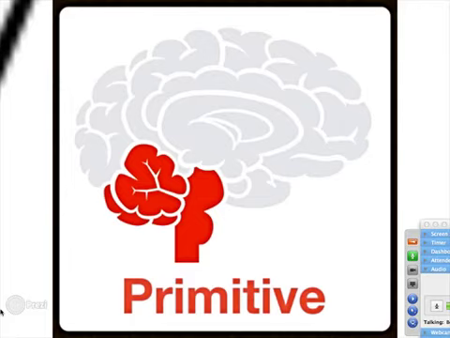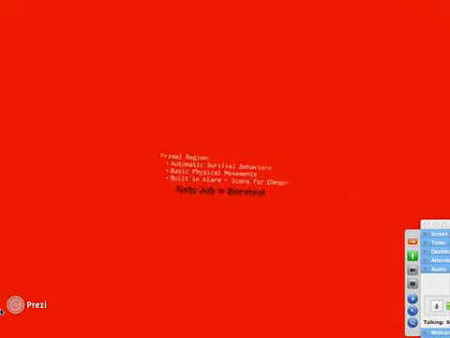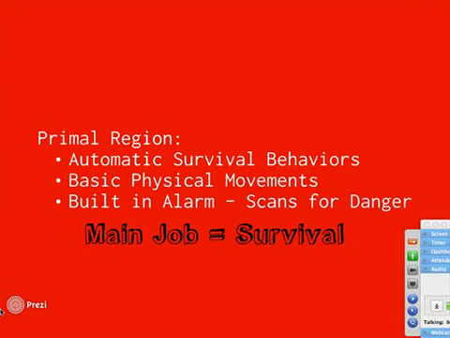The thing that I want us to remember is that part of that survival is beyond just the automatic survival behaviors, the movement or balance that the video talked about. The thing that I want to focus on is this idea of the built-in alarm that's constantly scanning for danger.